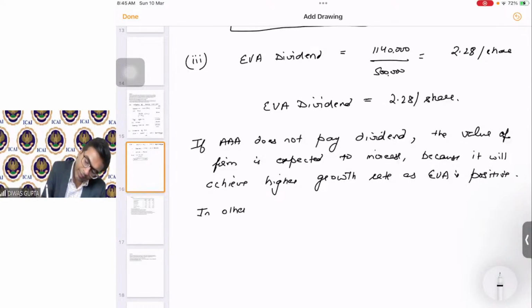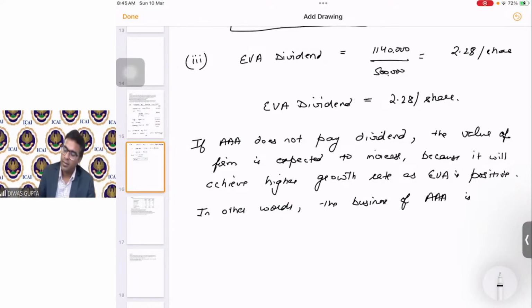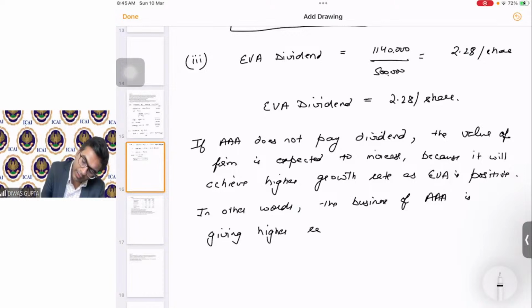In other words, the business of AAA is giving higher returns than the overall cost of capital of the company.